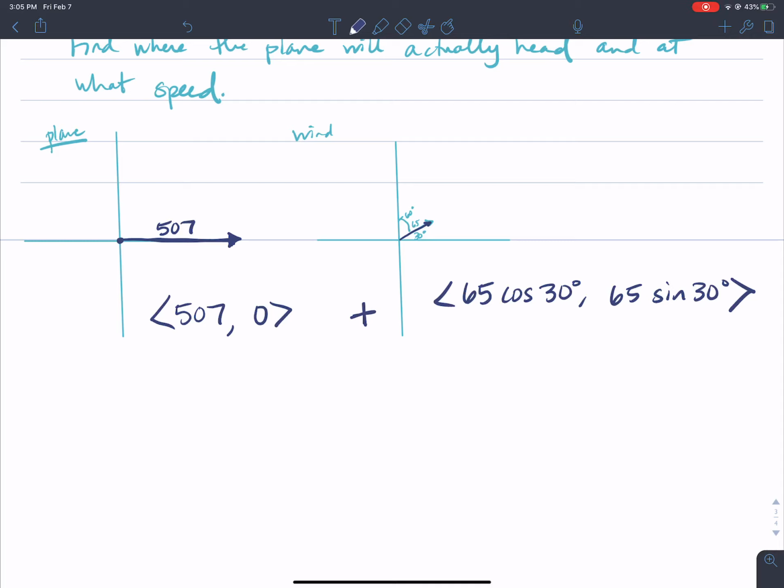So you want to pull out your handy dandy calculator and figure these out. I do not have these already figured out. So you want 65 cosine 30, and then 65 sine 30.